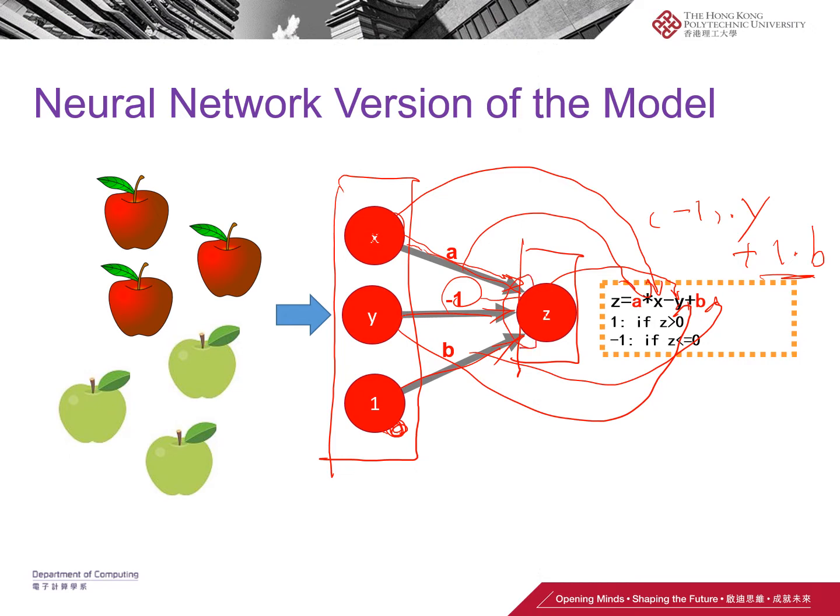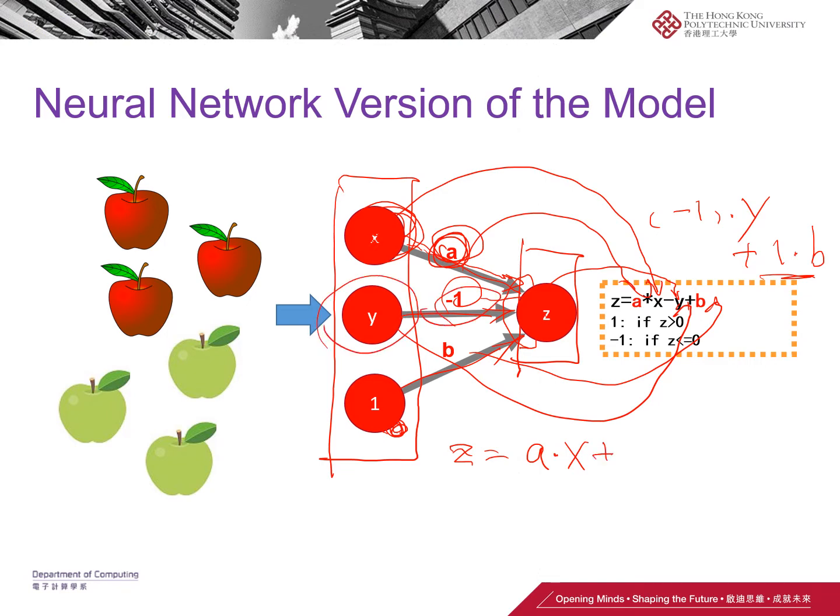So you could see what we are doing is z equal to this node multiplied by this parameter, so it becomes a multiplied by x. And then the second one is the y and the -1.